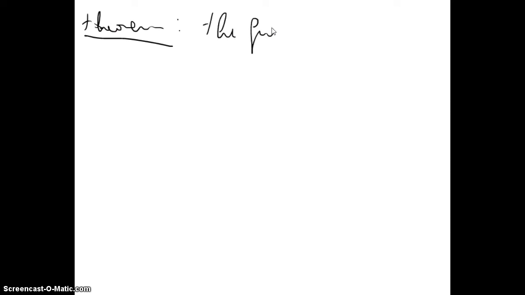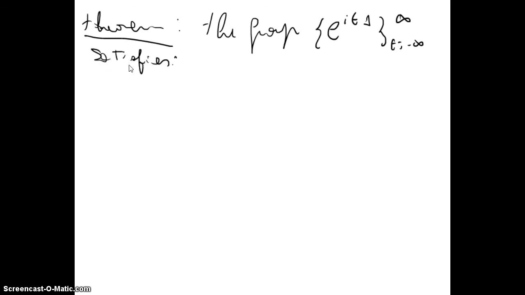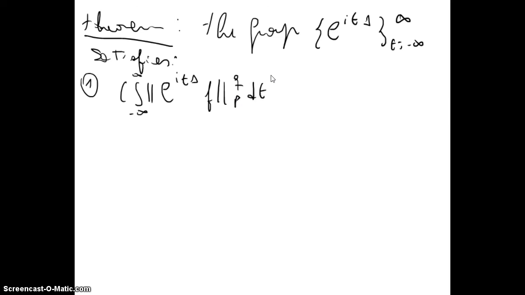The group e^{itΔ} satisfies, okay, so first, the integral from minus infinity to infinity of the norm of e^{itΔ} f in L^p to the q dt, to the 1 over q, is less than or equal to c times the norm of f in L2.